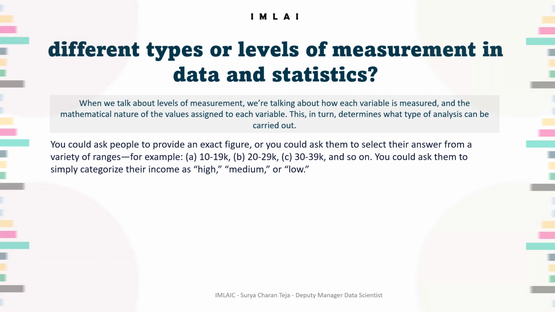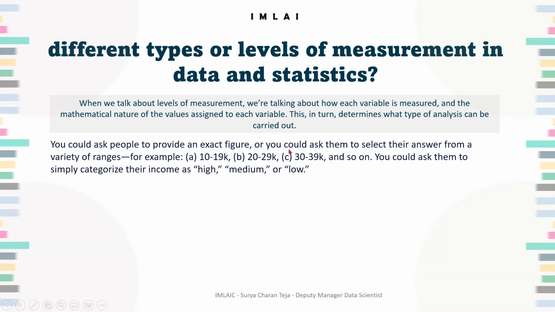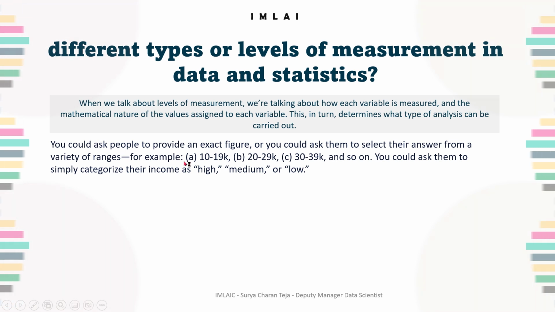You could ask people to provide an exact figure, or you could ask them to select their answer from a variety of ranges, for example 10 to 19k, or 20 to 29k, or 30 to 39k, and so on. You could ask them to simply categorize themselves as high, medium, or low. This is the best example to explain levels of measurement.